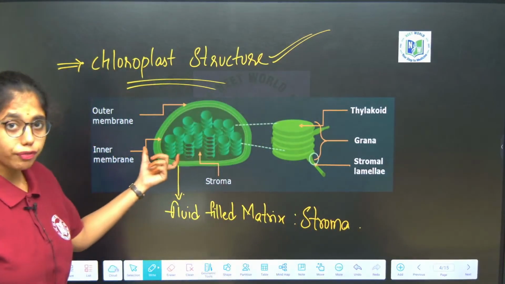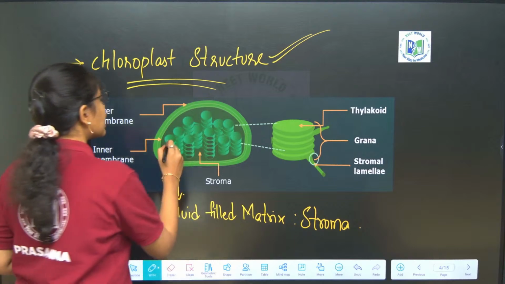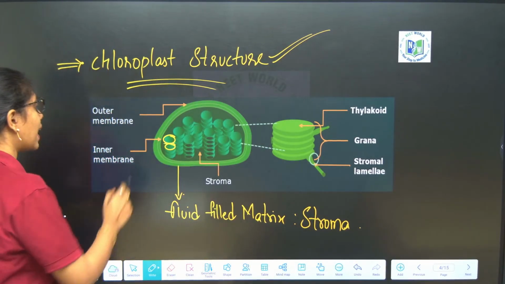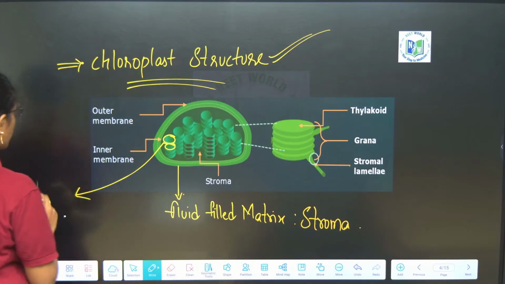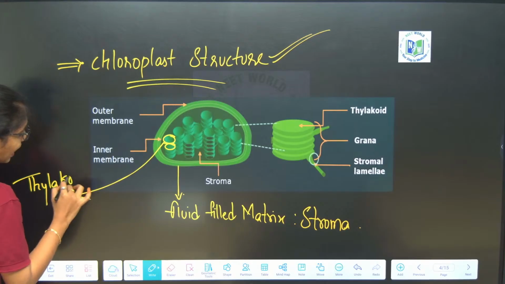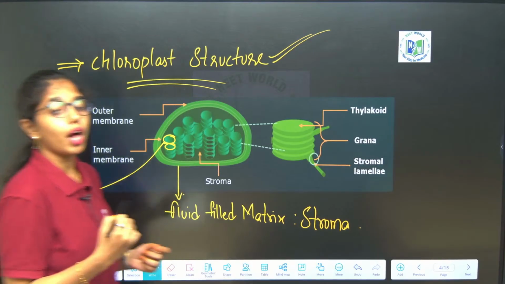Inside this fluid filled matrix, the stroma, the sac like structures which are present are called thylakoids.